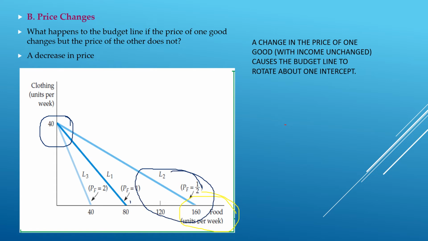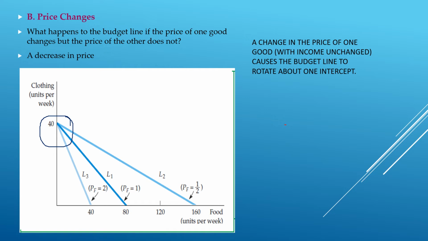From $80, if there is a change in the price of food, it will either increase this side or decrease this side. So when does it increase or decrease, or why does this happen? Let's say for instance, let's deal with this one such as this.